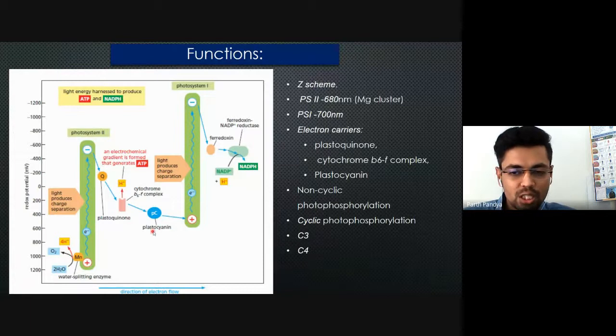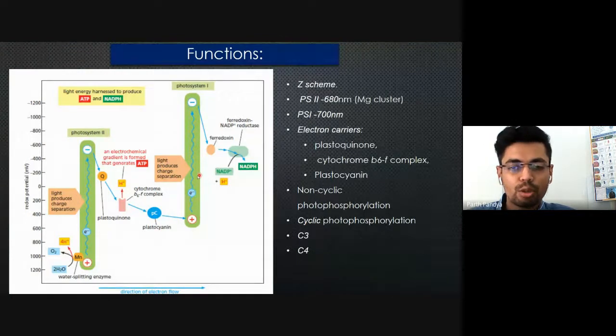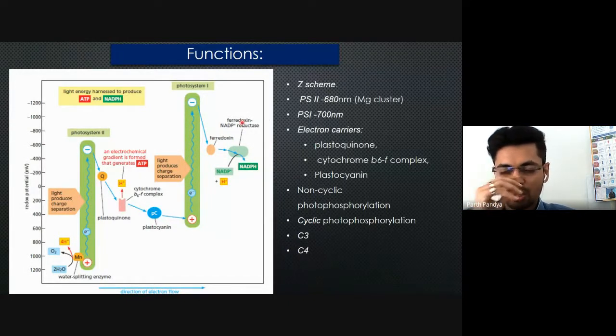This electron is then passed to the plastocyanin, and the plastocyanin passes it to photosystem 1. Once photosystem 1 grabs this electron, it gets excited. Coming back to the normal state, it releases the electron, which is passed to the ferredoxin. Ferredoxin and NADP reductase together pass the electron and form NADPH. So NADPH is the ultimate formation.